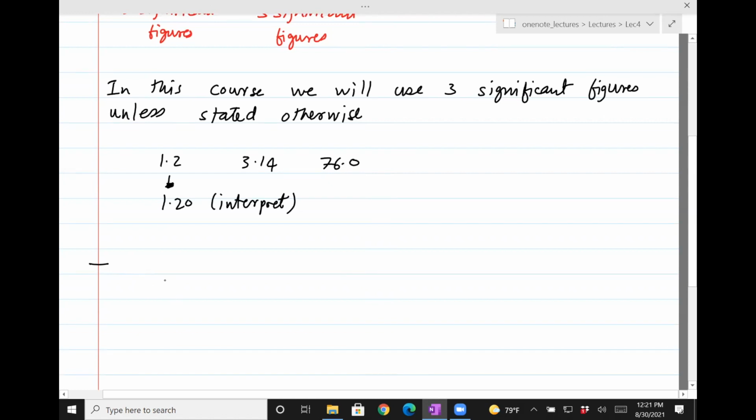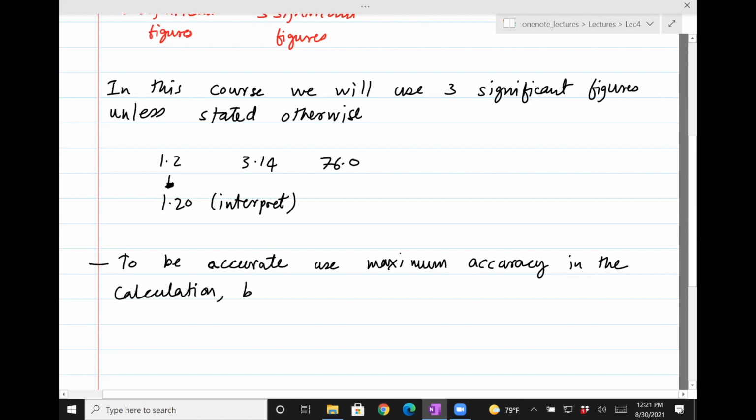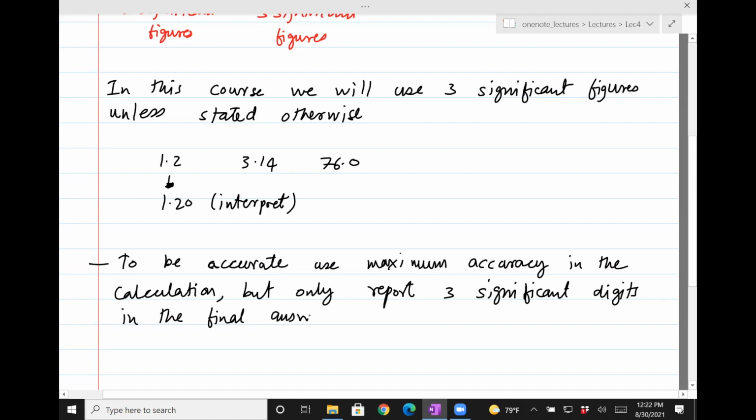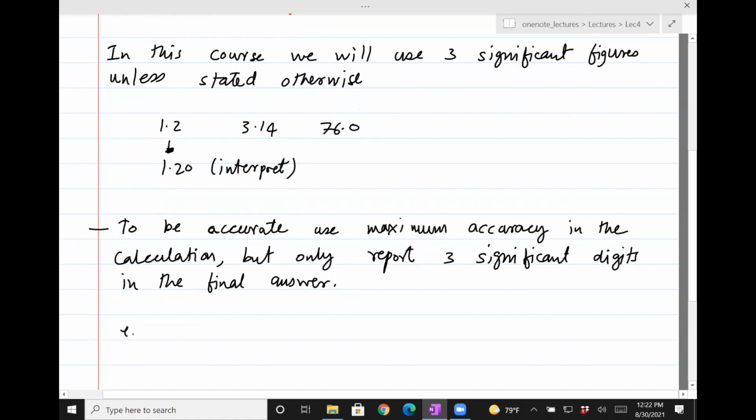To be accurate, use full or maximum accuracy in the calculation, but only report three significant digits in the final answer.